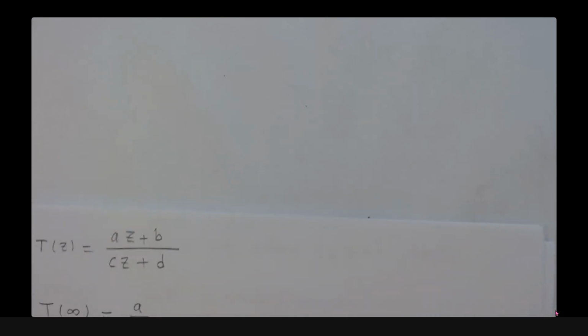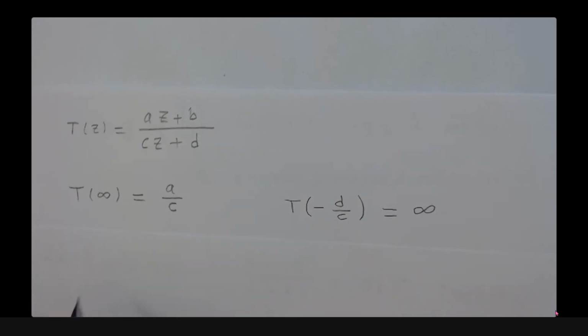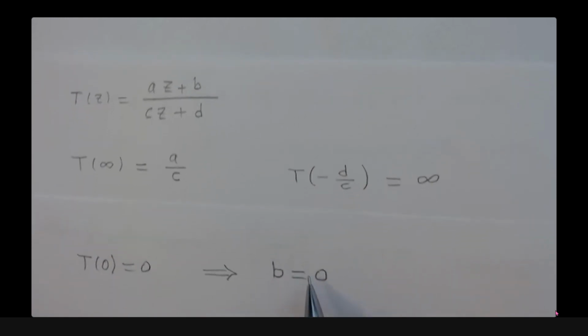Okay, good. So starting with T of 0 being 0, that implies B has to be 0, right?